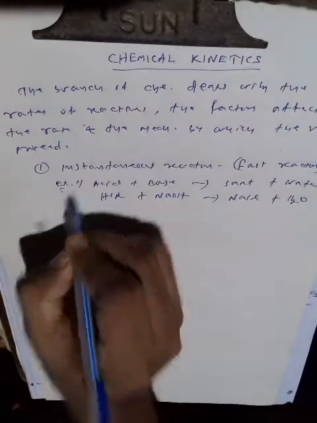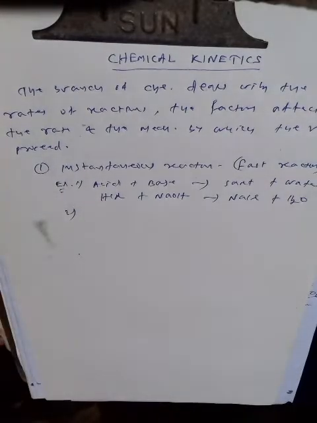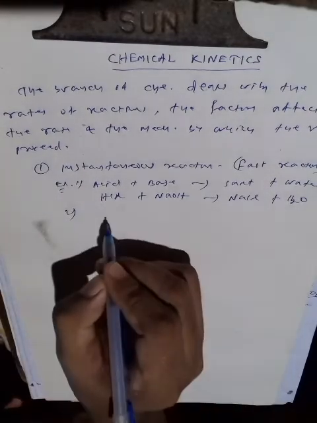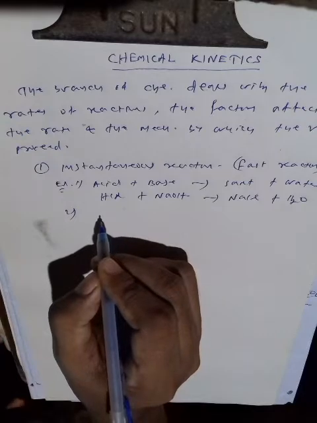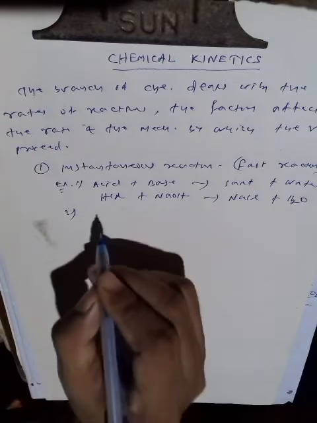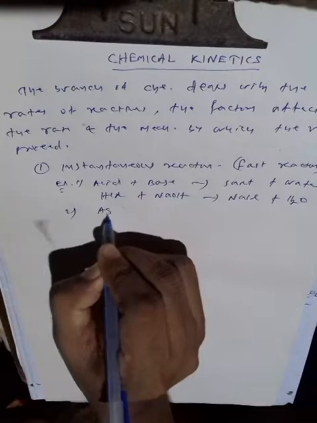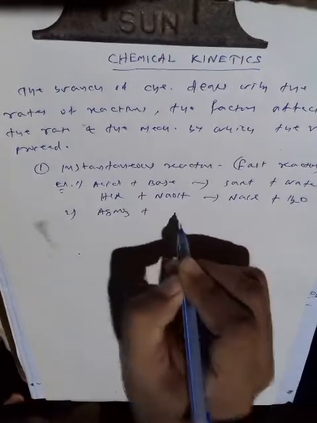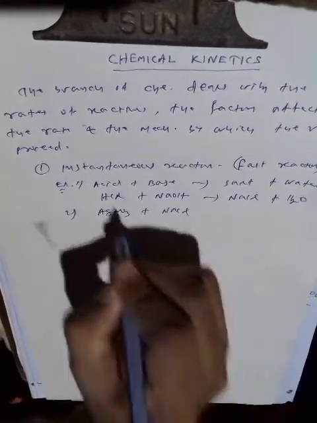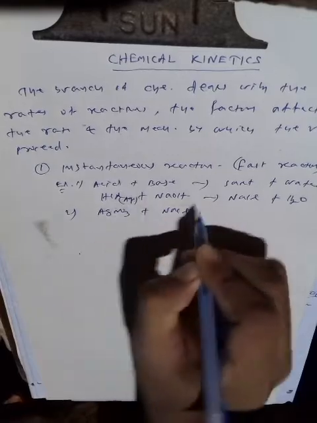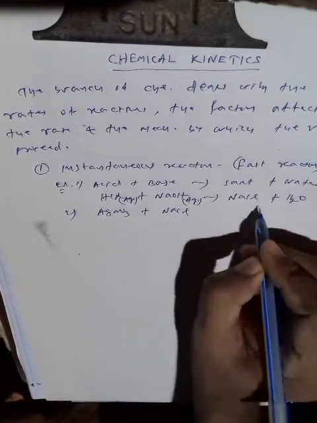Another example is ionic reactions. All ionic reactions are instantaneous reactions. An example is, suppose silver nitrate is reacting with NaCl, provided all these are in aqueous solution state, dissolved in water.